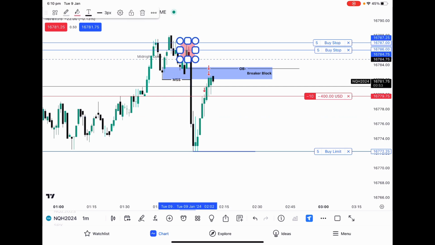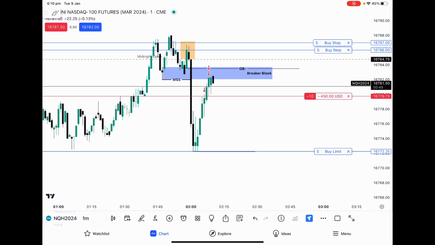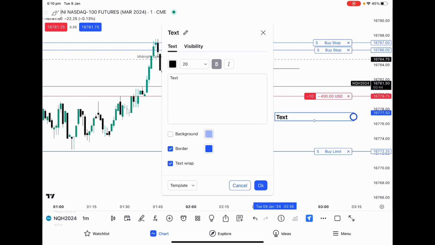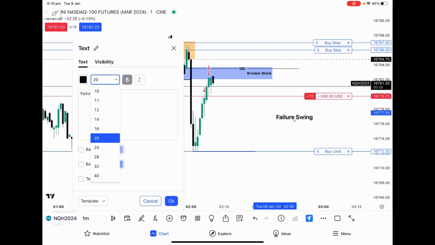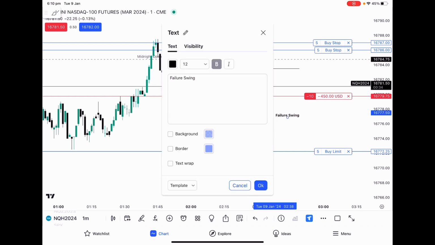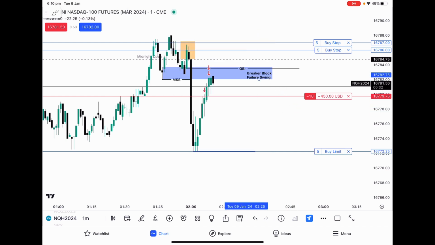This high here, I'd class as a failure swing. So I want to see that hold as a failure swing too. And I want to see price reject from this breaker block. So I'm just going to make a text box here. I'm going to label this as a failure swing. And we'll make this a little bit smaller just so I can fit it on the screen. So I class that as a failure swing. I want to see that hold as a failure swing.